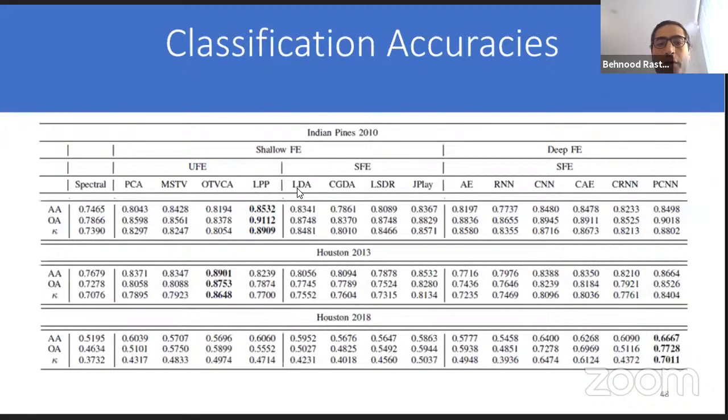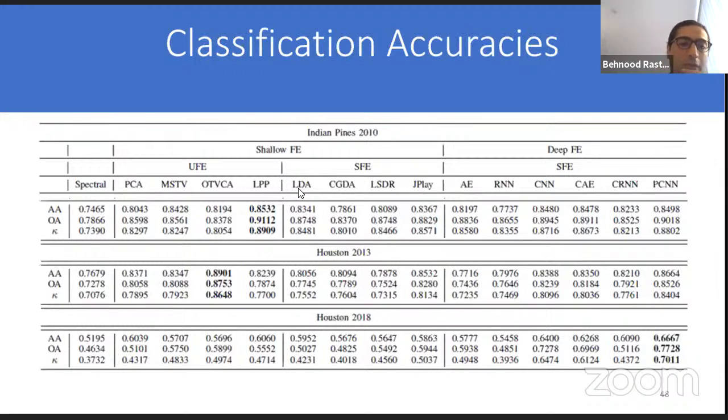And then for the supervised feature extraction techniques, we selected LDA that we discussed, and then CGDA, LSTR and JPlay that we discussed as well. And all the details about these techniques you can find in the paper. So there are different types of techniques for supervised feature extraction as well.